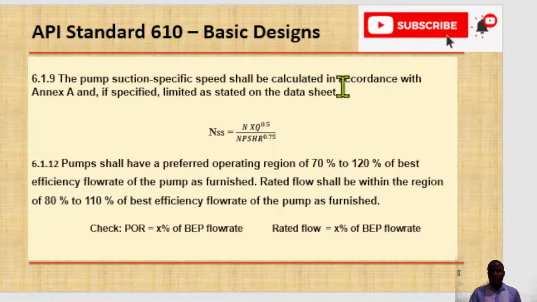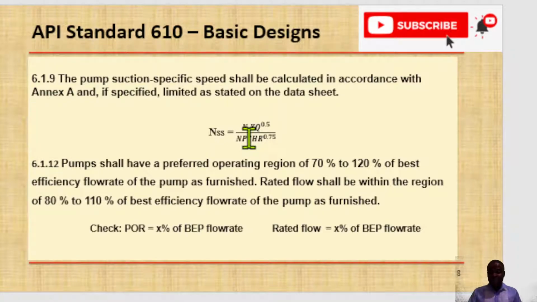Okay, now with your N in RPM, your Q in cubic meter per hour, and your NPSH in meter, to get this NSS in US units, you are going to multiply it by what? By 51.64, 51.4 rather, over 60 to get it in what? In US units, in USC units.